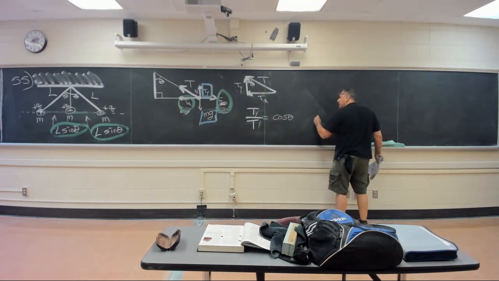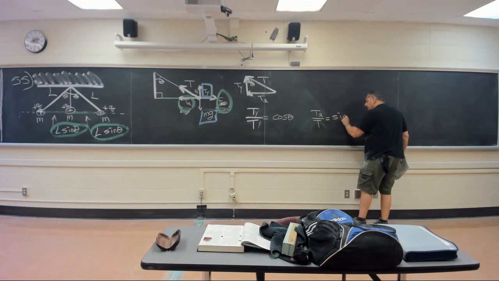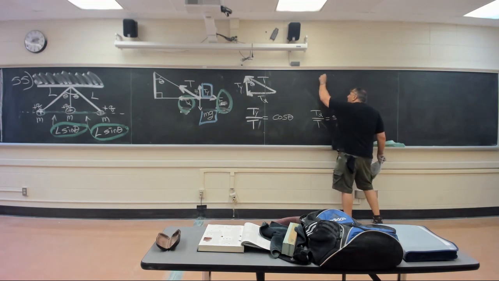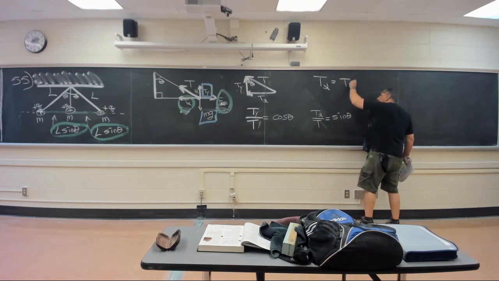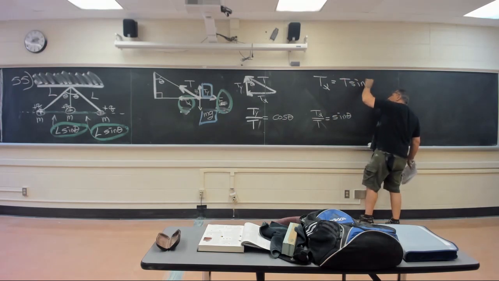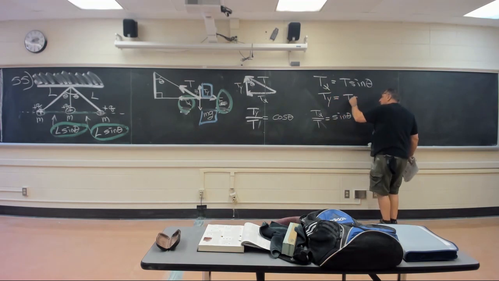And for the other one, Tx divided by T is sine theta. Tx is T sine theta. Ty is T cosine theta.